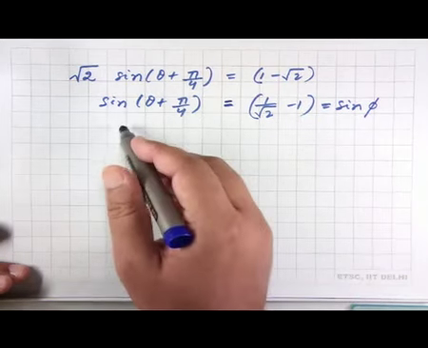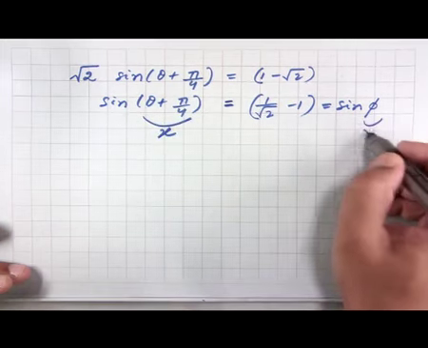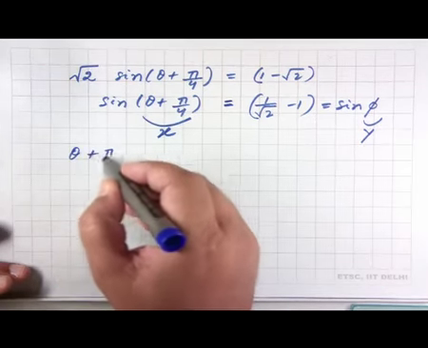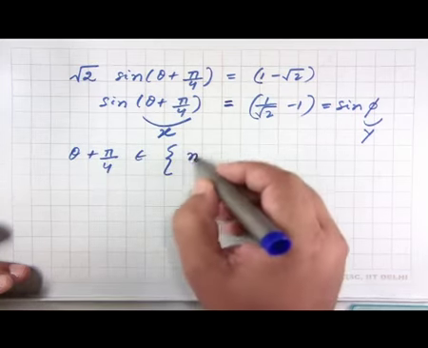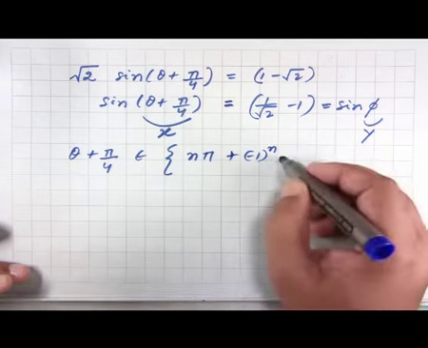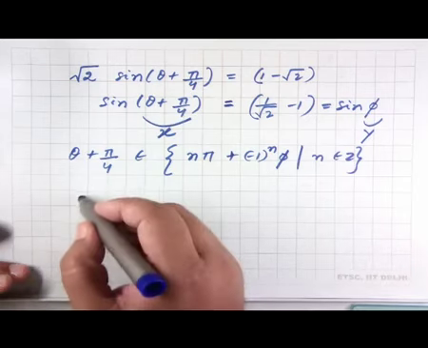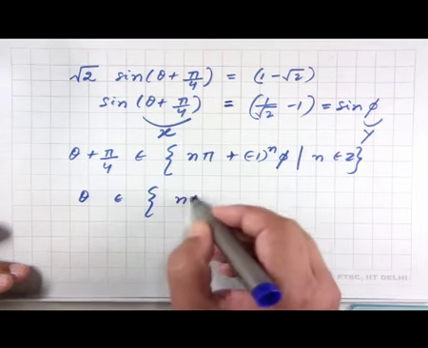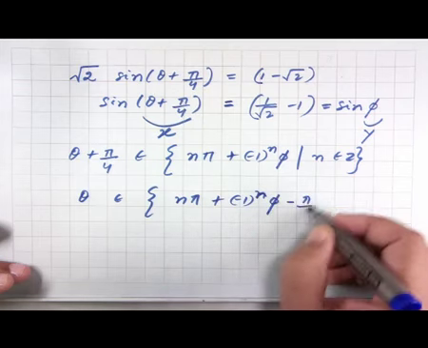Now we again have an equation of the form sin x is equal to sin y, for which the solution is that theta plus pi by 4 should belong to the set n pi plus minus 1 to the power of n times phi for all integer n, and therefore the general solution set for theta will be n pi plus minus 1 to the power of n times phi minus pi by 4.